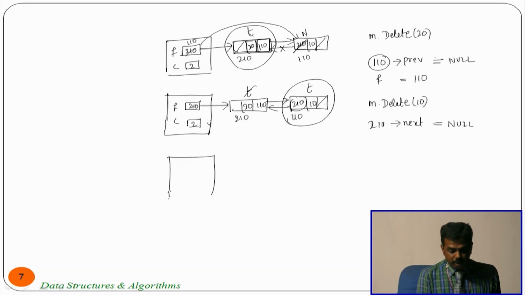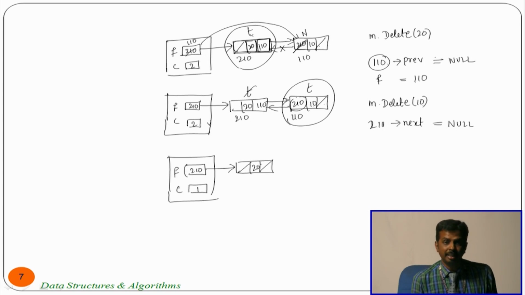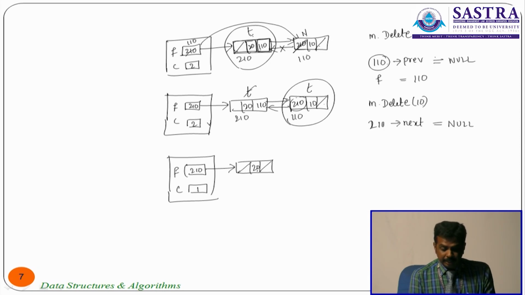But one more case is if the first contains the 210, and the list is having only one node. Here we have the data 20, and this next field will be null. I want to delete, m.delete of 20.